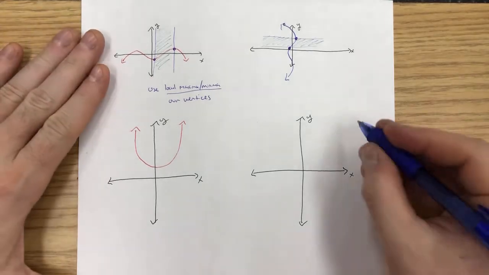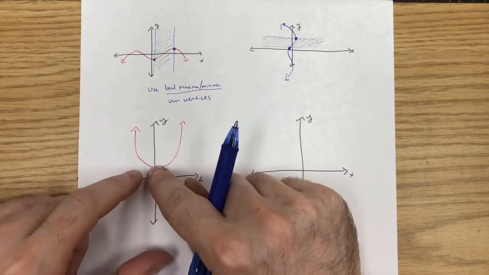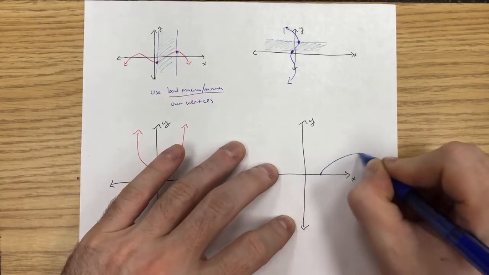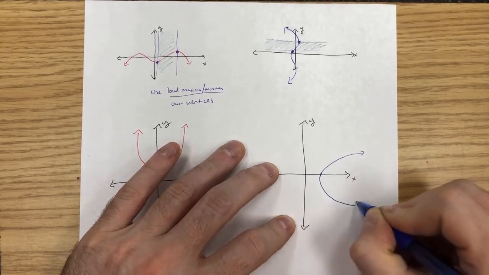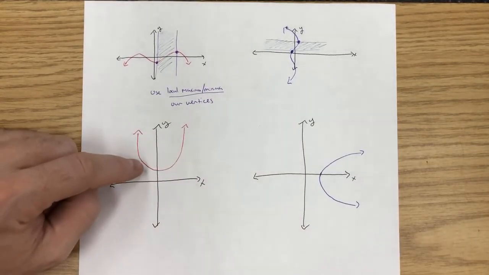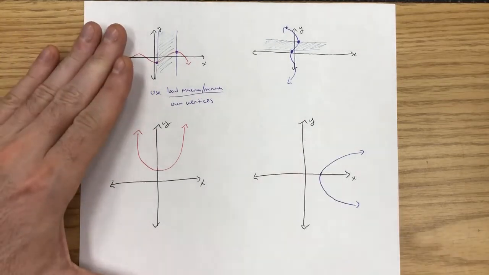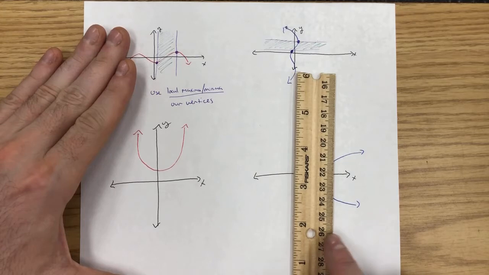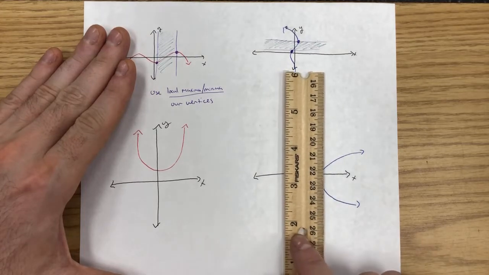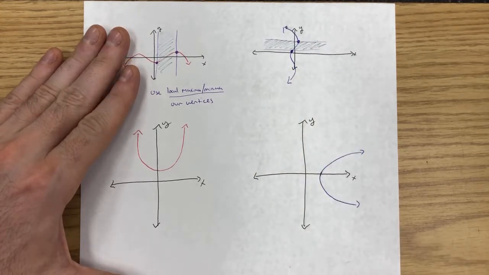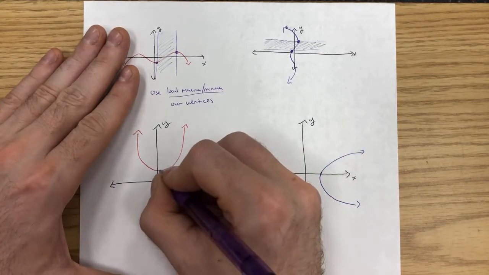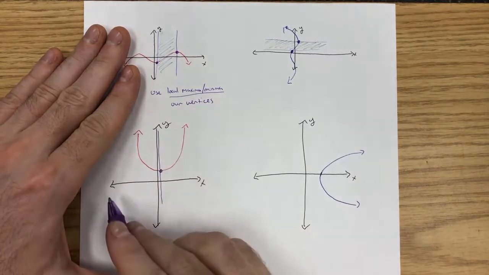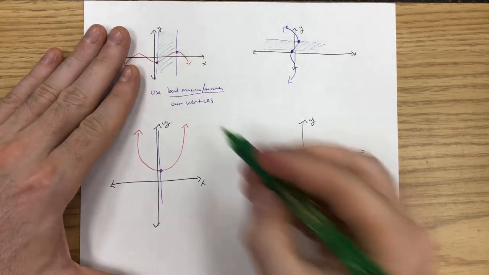But unfortunately, when I flip it, I have a positive y, it keeps going up. So I'm going to have a positive x, it keeps going up. Now, if I were to take this graph and do my vertical line test, what we notice is that if I only had one side or the other of this graph, this would work. And so that means we're going to have to find our vertex, draw a line through it, and pick: do we want the right side or do we want the left side?